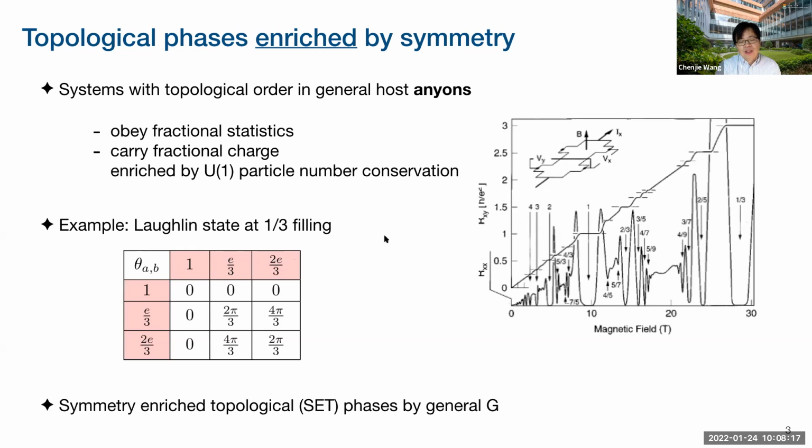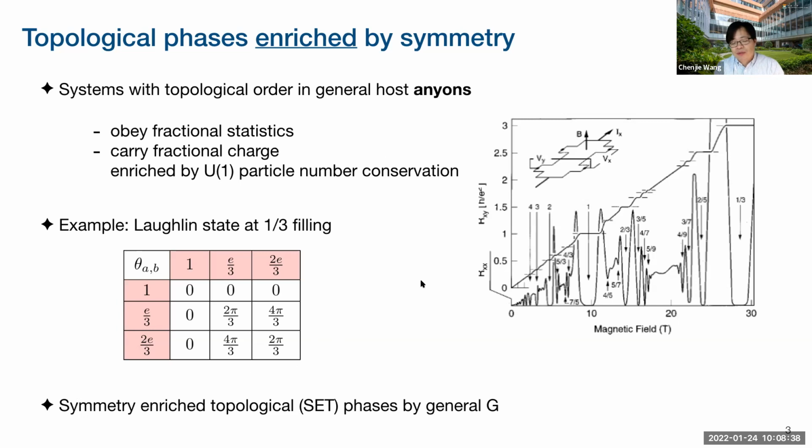So generally speaking, if you're trying to study anyon systems, topological order systems in the presence of symmetry, then you can study symmetry fractionalization, of any symmetry G. So there's this rich interplay between symmetry and topological order, the so-called symmetry-enriched topological phase of matter.